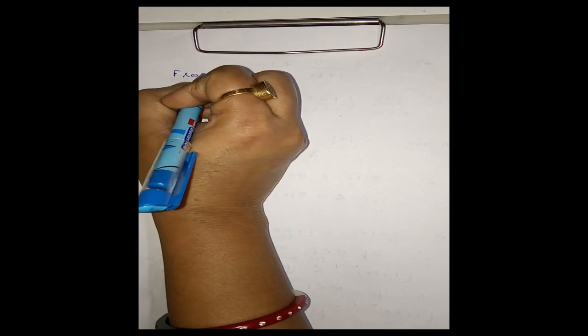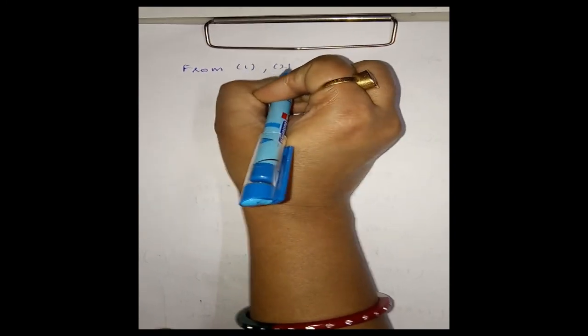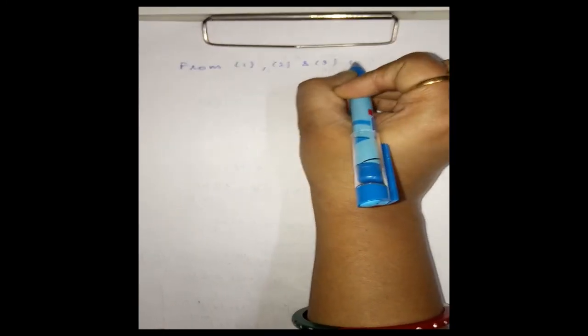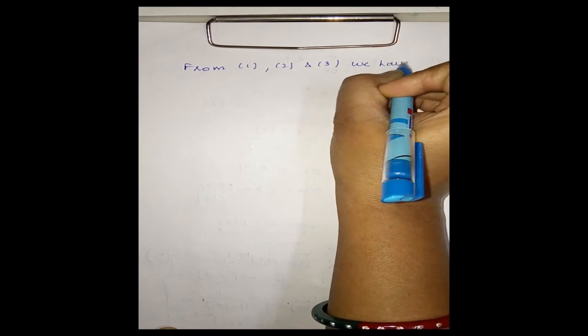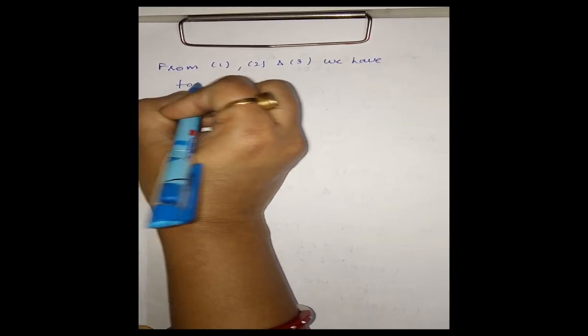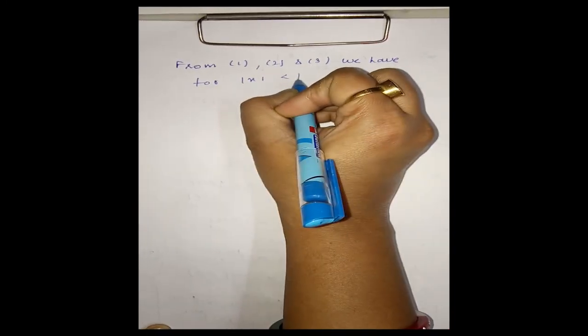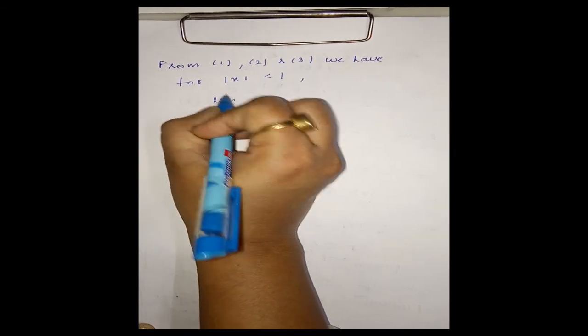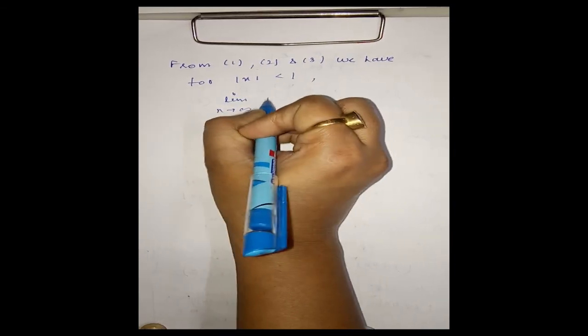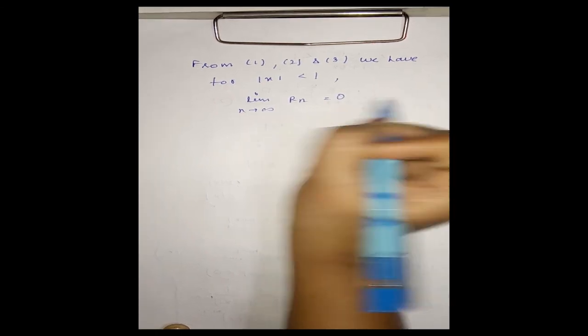From 1, 2 and 3, we have, for mod x less than 1, limit n tending to infinity, Rn is equal to 0.